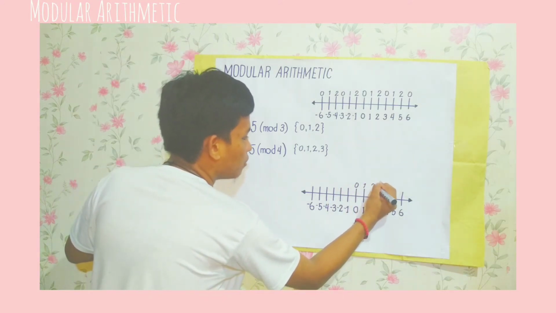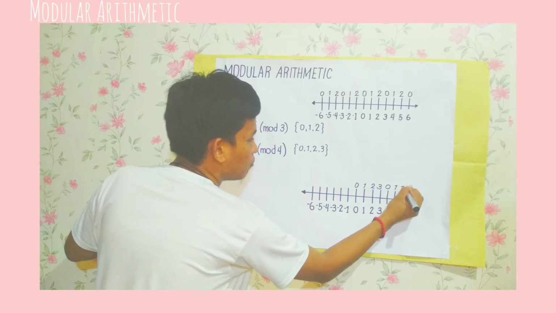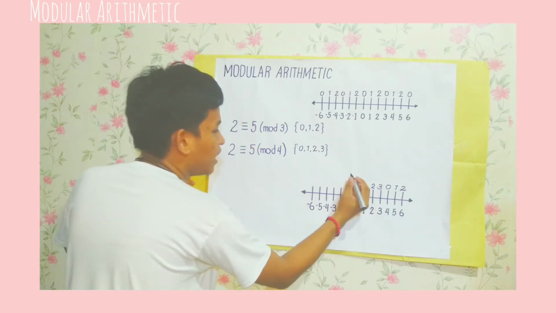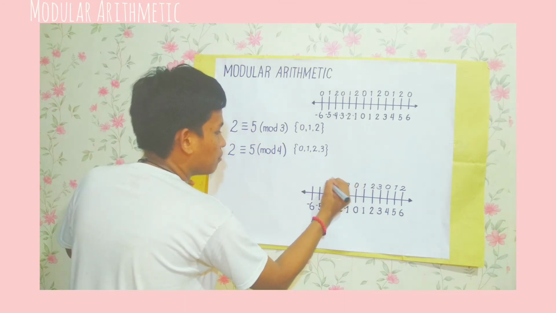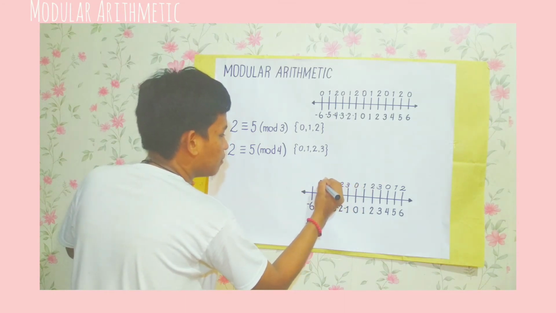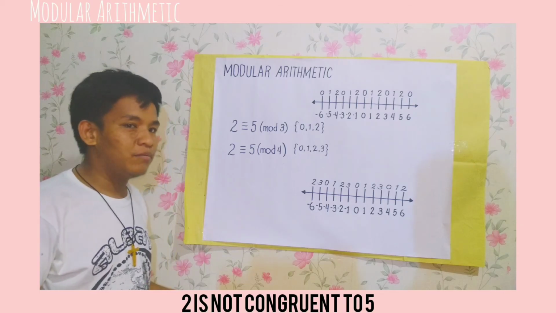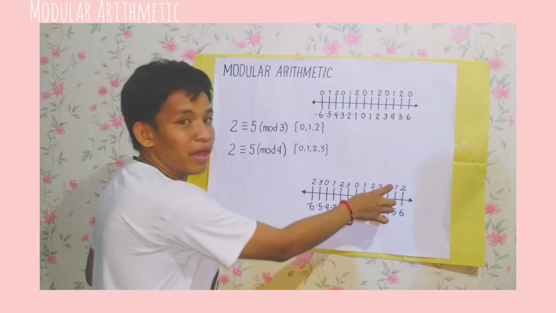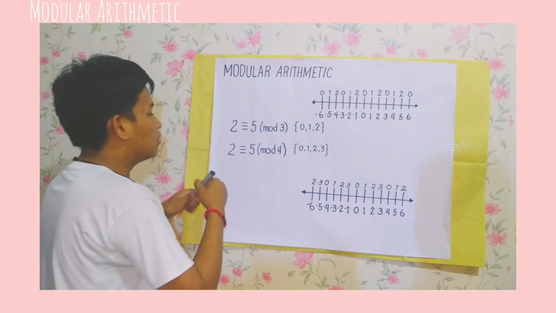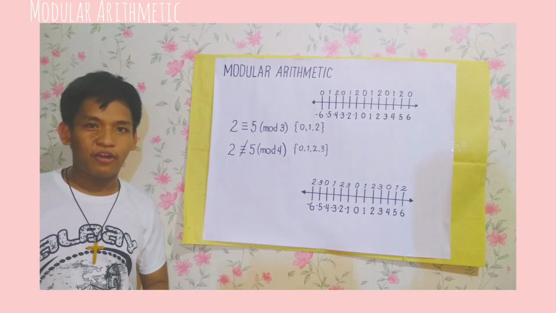And vice versa on the negative side. We can say that 2 is not congruent to 5 in mod 4 because 2 is congruent to 2 and 5 is congruent to 1. Therefore, 2 is not congruent to 5 in mod 4.